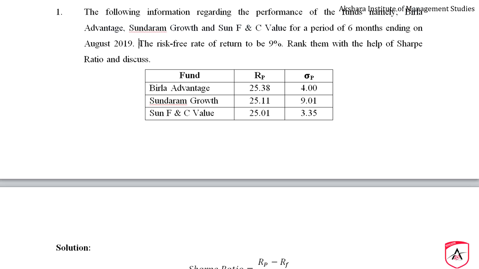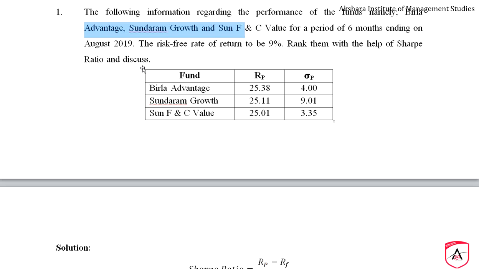Now if I am not investing in any of these three stocks, where am I going to get a return and how much, without taking any kind of risk, that is risk-free? The risk-free rate of return is 9%. Without taking any risk, I am going to get 9%. I am going to compare this return with these three different funds, rank them with the help of the Sharpe ratio and discuss. We have to compare these three stocks and say which stock is better for investment.